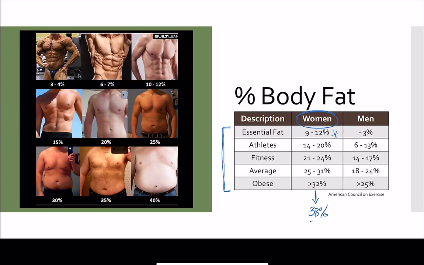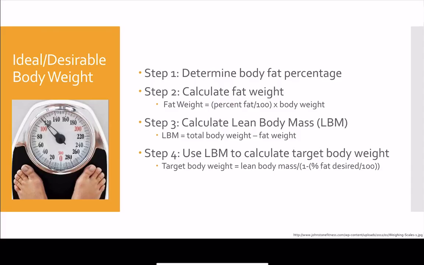And having the percent body fat can help to set really specific good weight loss goals. So I'm going to walk you through how you determine what would be an ideal weight. And the goal here is to make any weight loss goal based on how much lean mass would you like to have? Or the flip of that, what is your goal of your body fat percentage?